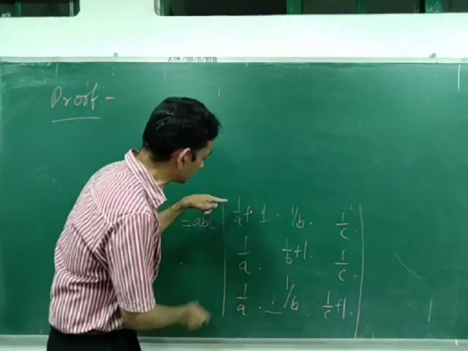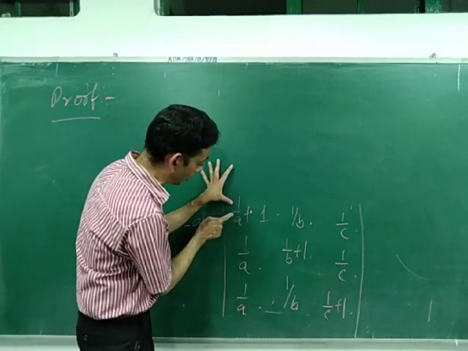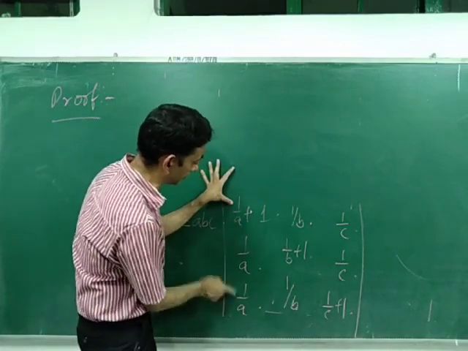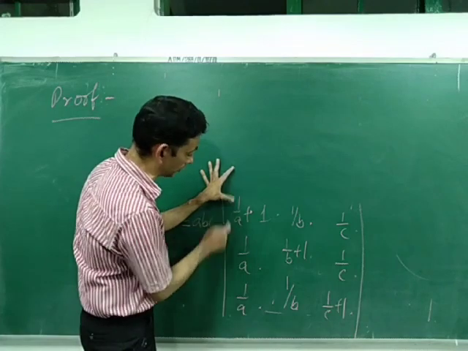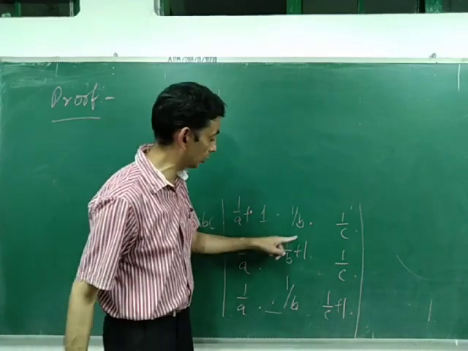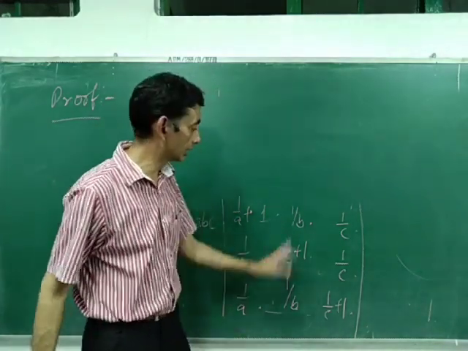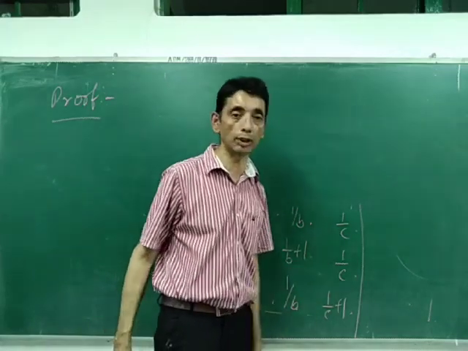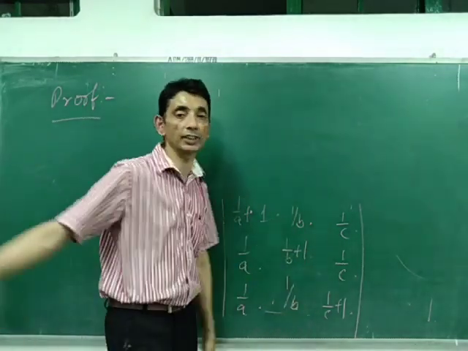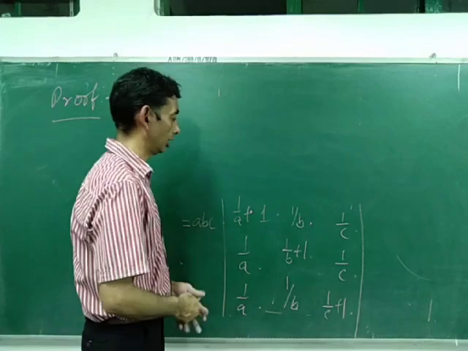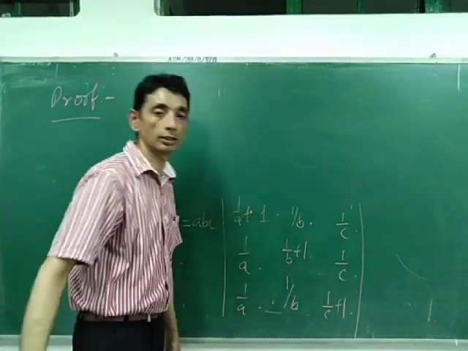If we add the rows, R1 plus R2 plus R3, we are going to get 1 plus 3 into 1 by a here, 1 plus 3 into 1 by b here, and 1 plus 3 into 1 by c here. Have you seen that all the terms are different? Therefore adding the rows won't work.